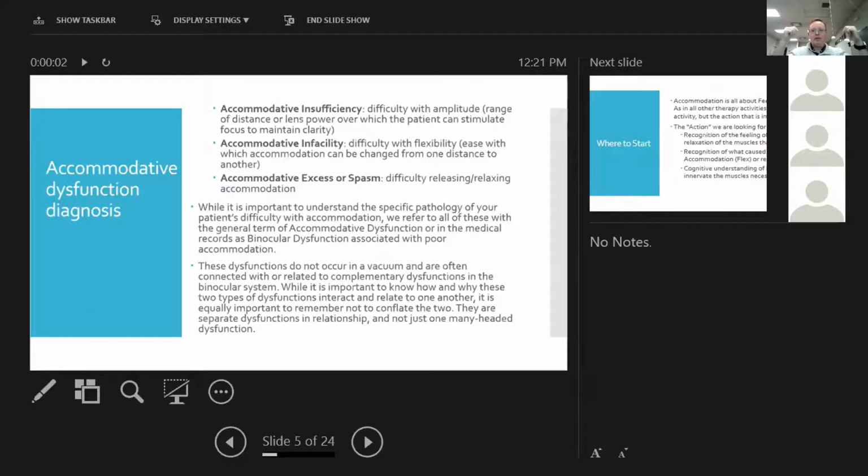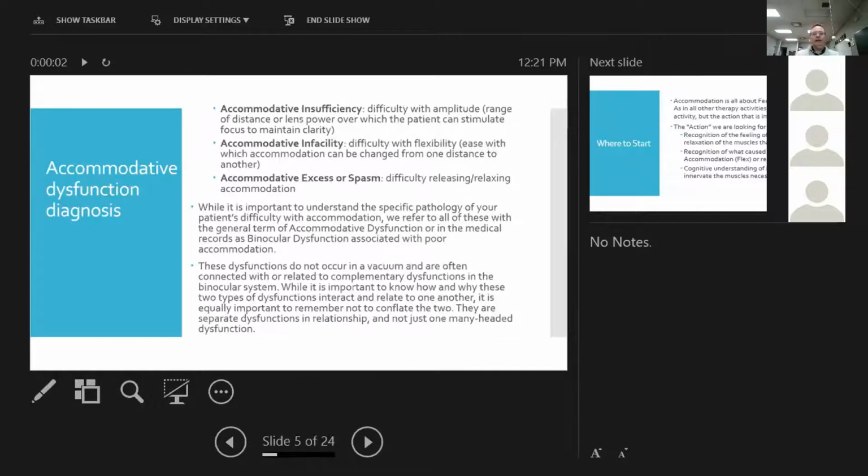They'll put in a -1, and then a -2, and then a -3, maybe a -3.50, and they'll just keep going up until the person says it's blurry, and we call that first blur. Then the doctor will say, can you make it clear? And they say, oh yeah, I can make it clear. So they'll click it, and then all of a sudden they'll say it's blurry. Can you get it clear? Nope, I can't get it clear. So that is that person's amplitude range.